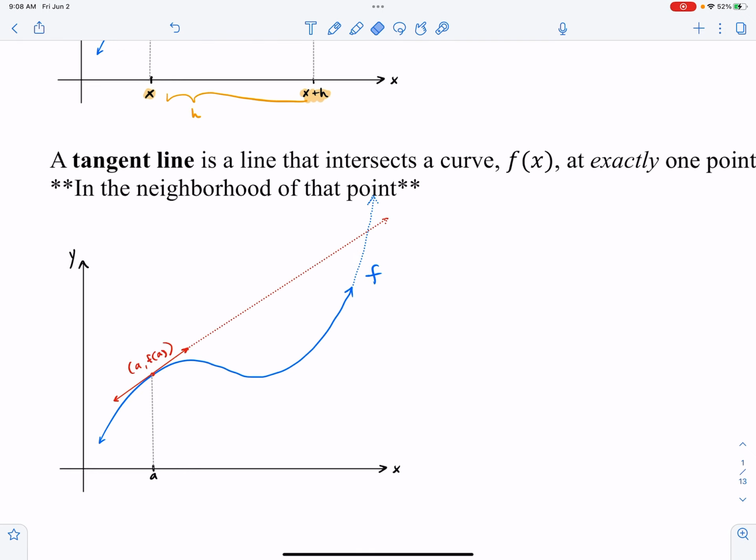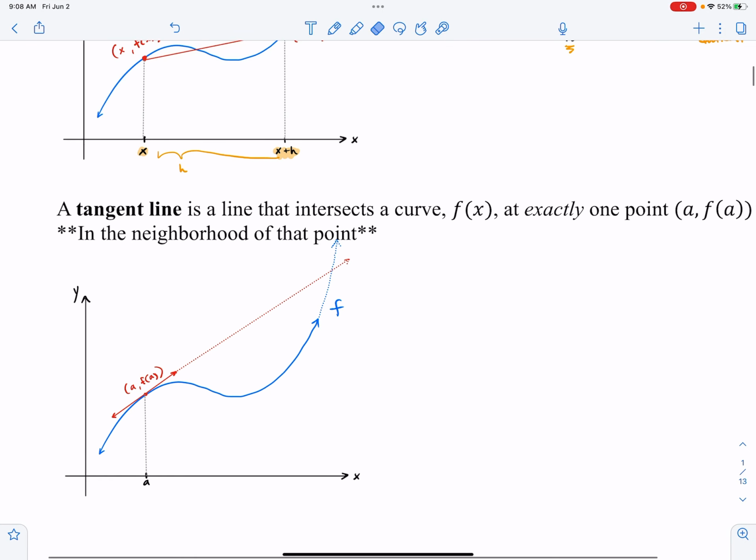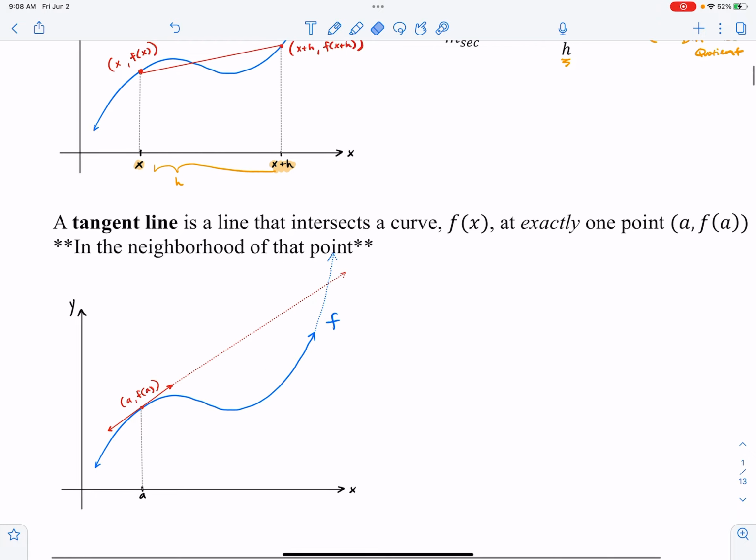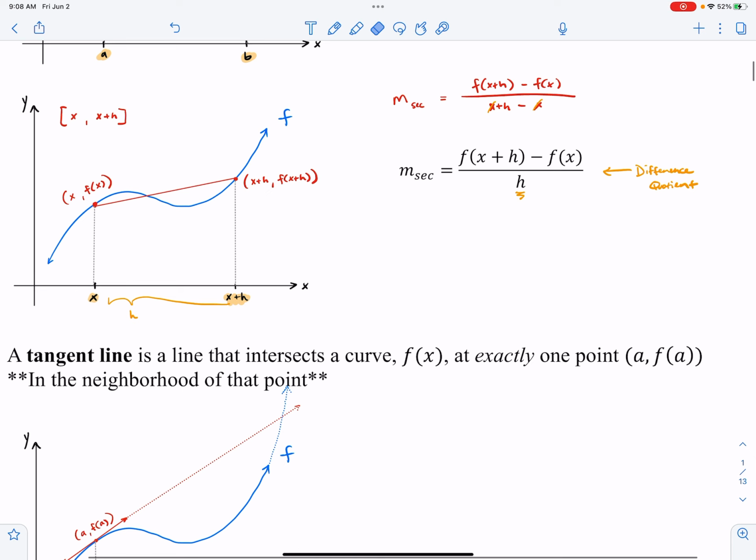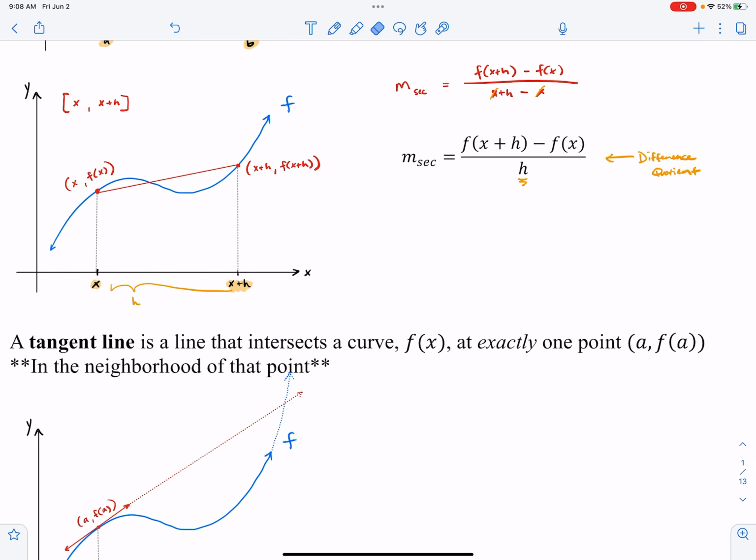Now, before we get into that, let's talk about how we would come up with the slope of the tangent line. And to do that, we need to go back to this previous picture and our difference quotient.